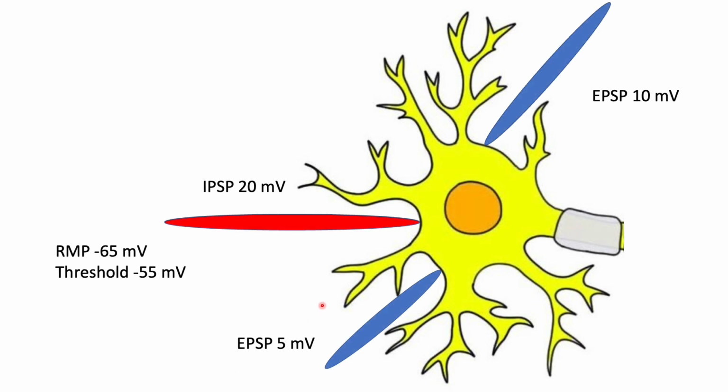In this example, assume that the resting membrane potential in this neuron is minus 65 millivolts. Threshold is minus 55. We have an excitatory signal coming here of 10 millivolts, another excitatory signal of 5 millivolts, and an inhibitory signal of 20 millivolts.